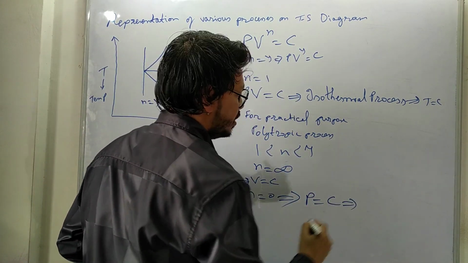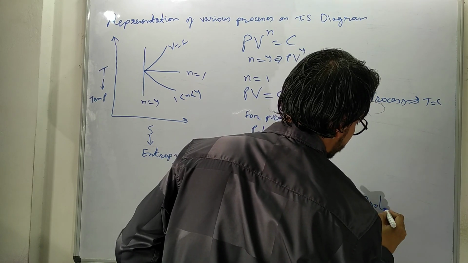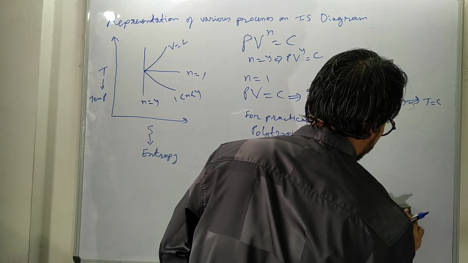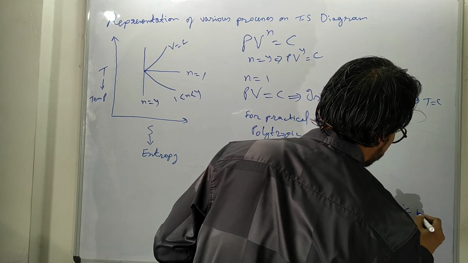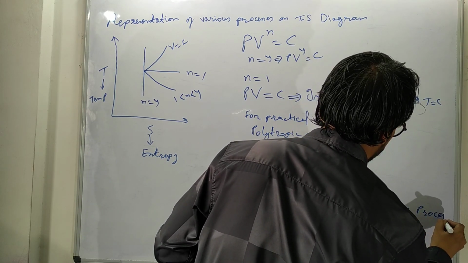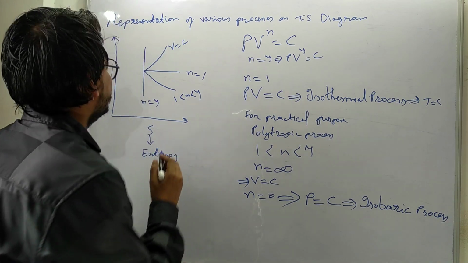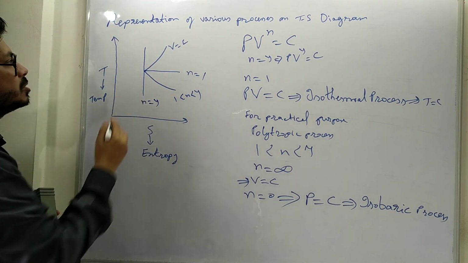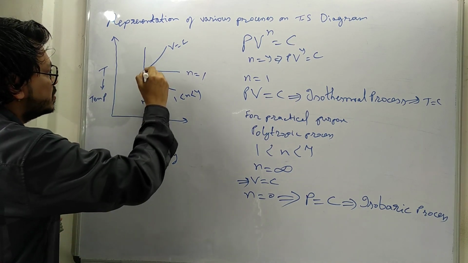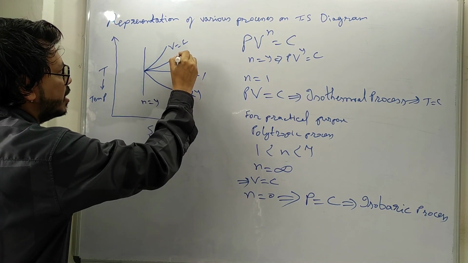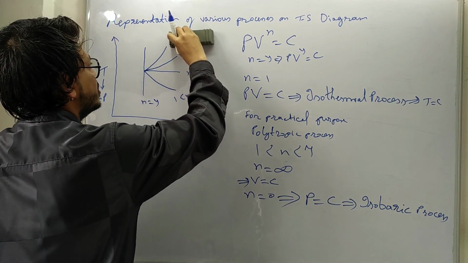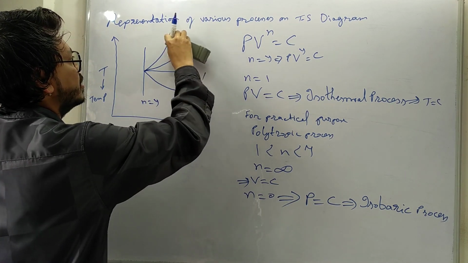That means isobaric process. But the slope of isobaric process is less compared to the slope of isochoric, that is constant volume process. So this is the graph for n equals to 0, that is isobaric process.